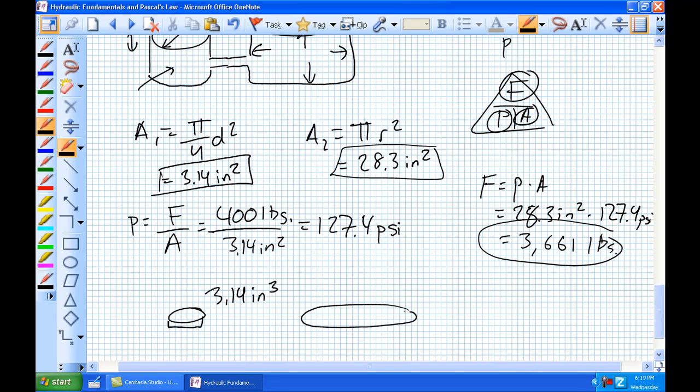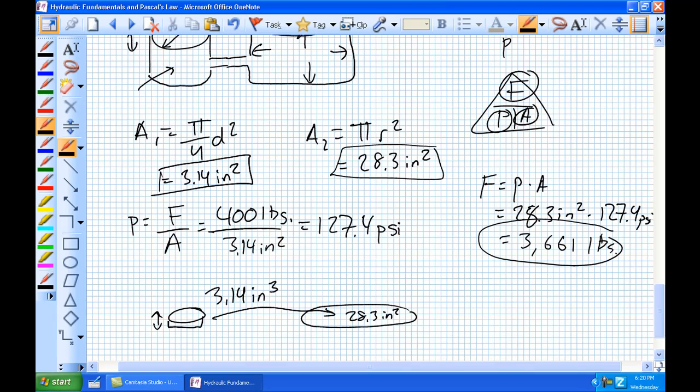Now imagine spreading 3.14 cubic inches, which traveled an inch for that small area, on an area that big, 28.3 inches squared.